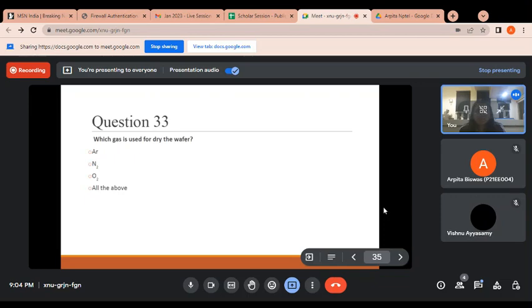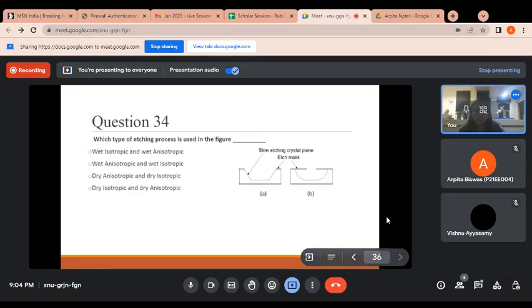Then question number 33. Which gas is used to dry the wafer? Argon, N2, oxide, and all of the above. B, ma'am. Yes, right. So question number 34. Which type of etching process is used in the figure?